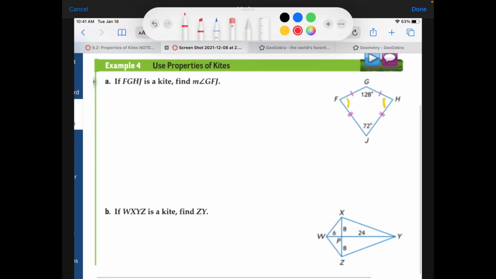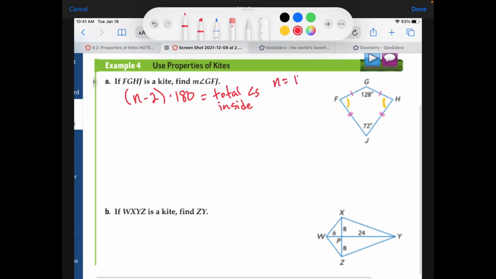So having known that, first let's find the total of all the angles inside of this shape. This is where that formula we've learned in the past, n minus 2 times 180, is going to come in handy. So how many sides do we have?